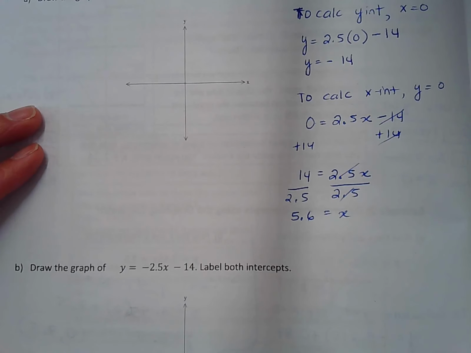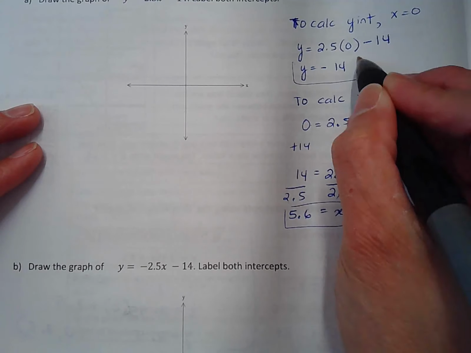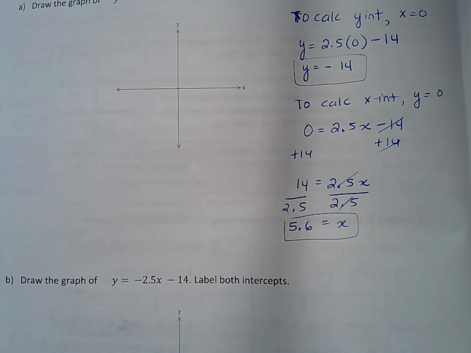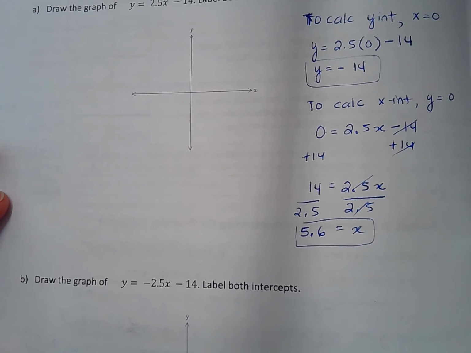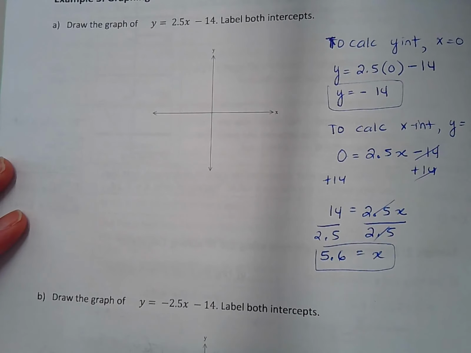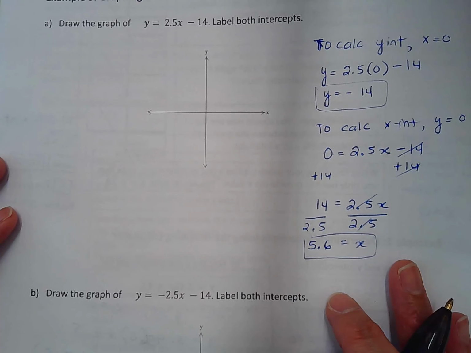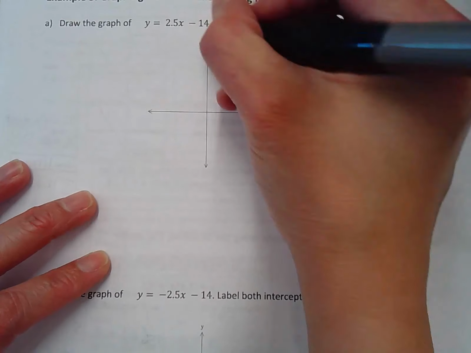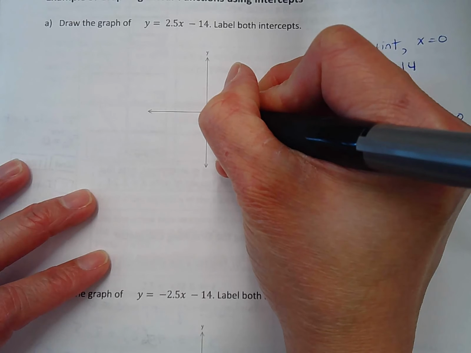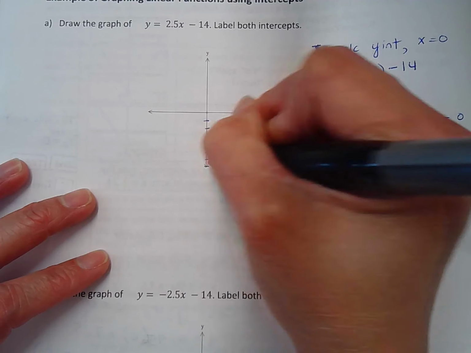Okay. So those are our x-intercept and y-intercept. So we're going to plot those in. Let's do the negative 14 y-intercept. So you can go 2, 4, 6, 8, 10, 12, 14.